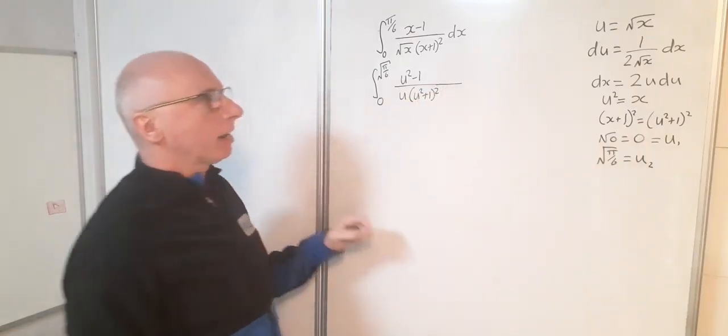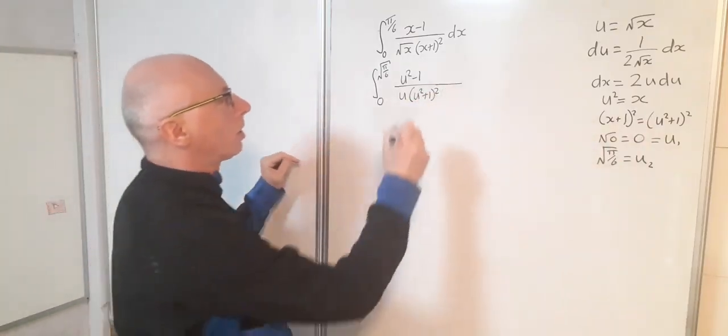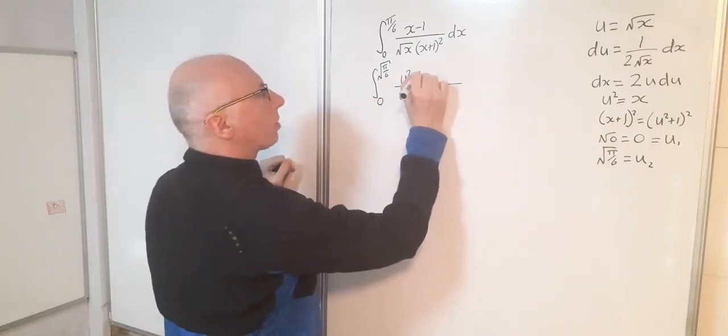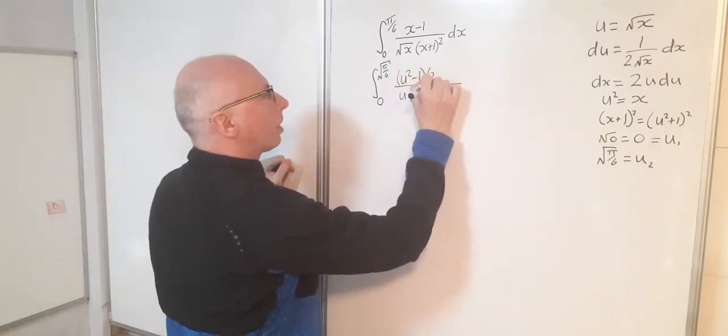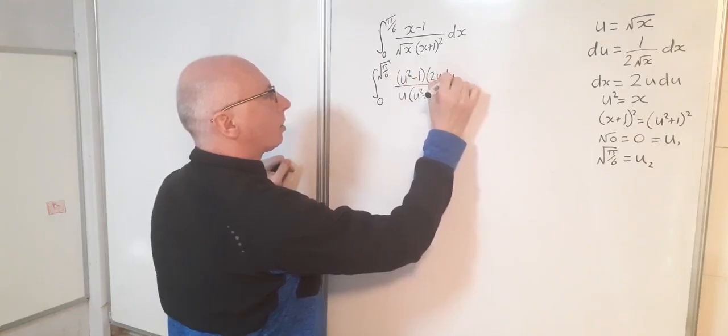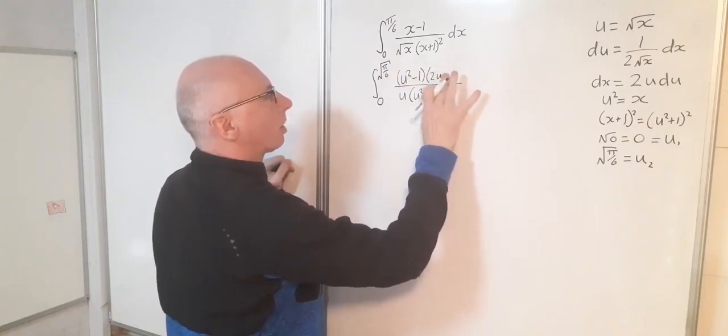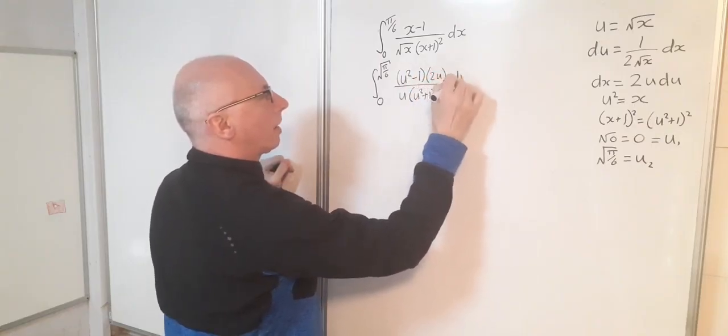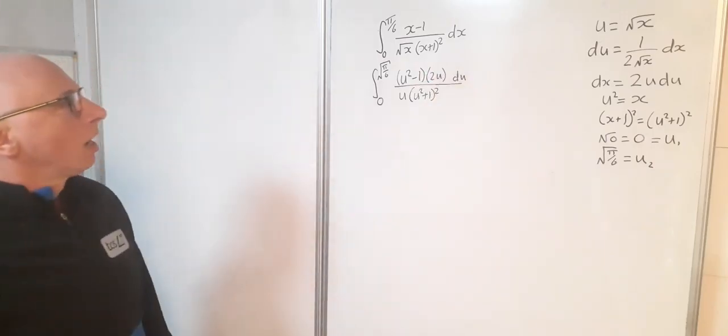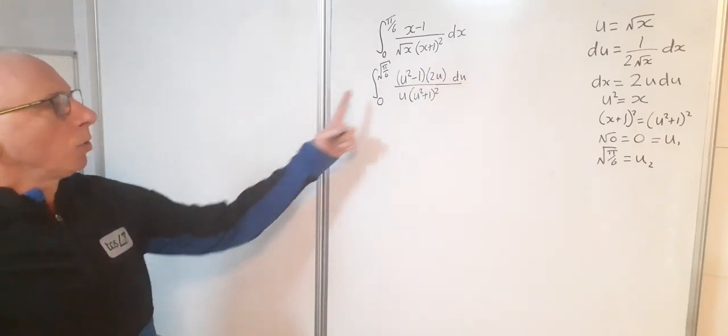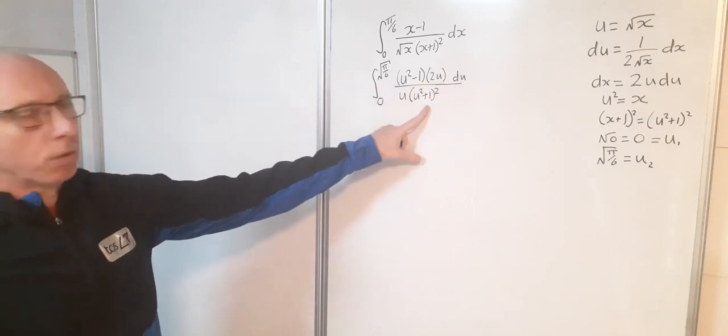And then my dx is 2u du. So let's just leave the 2u there and then du. Okay, now they're all multiplied in the numerator, so that's all good.